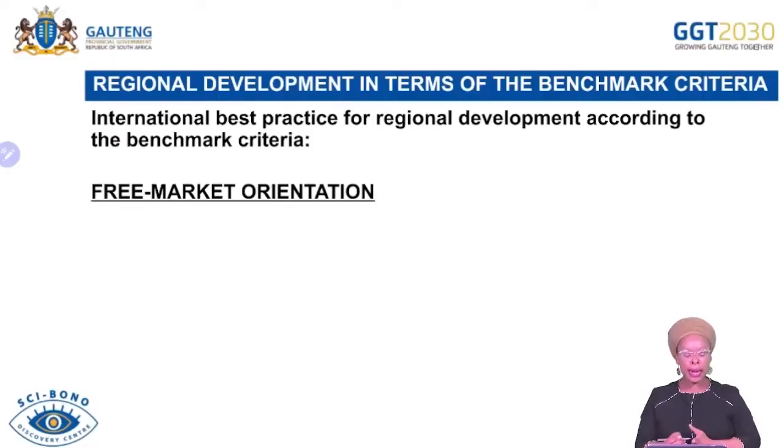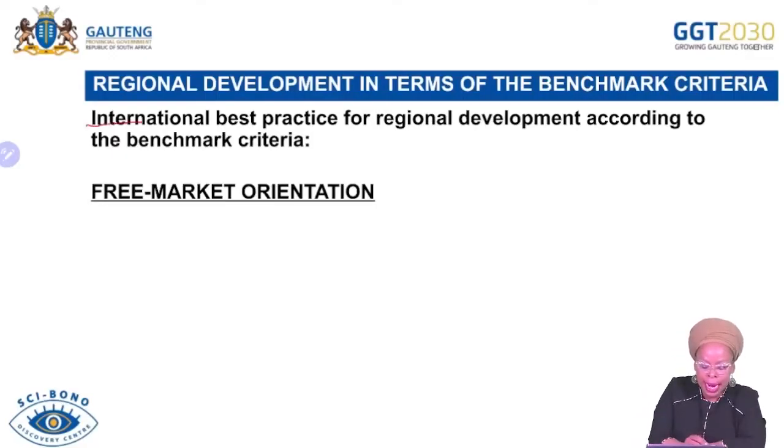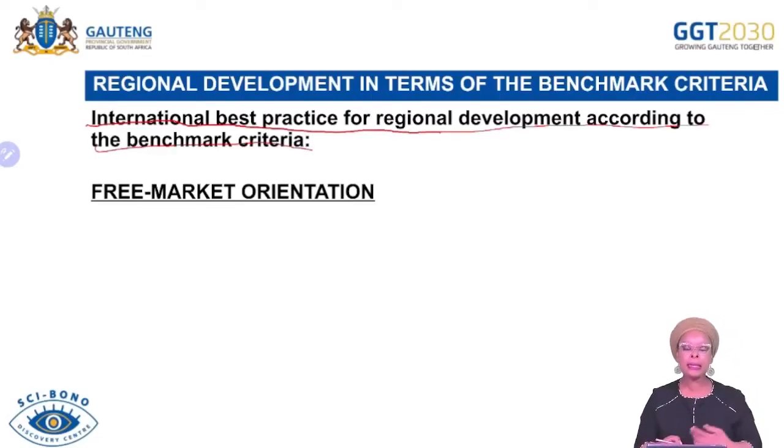Let's look at this particular subtopic: international best practice for regional development according to the benchmark criteria. I mentioned earlier that South Africa is benchmarked with international businesses. So as a result, when it comes to industrial and regional development, we need to meet certain criteria.